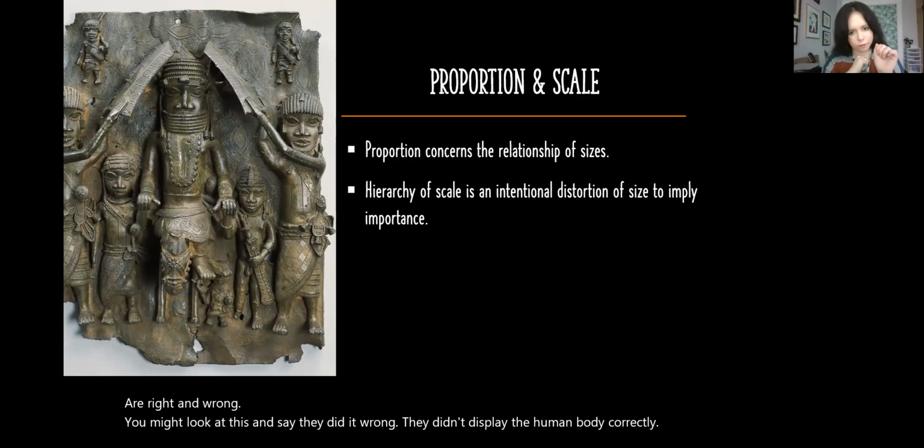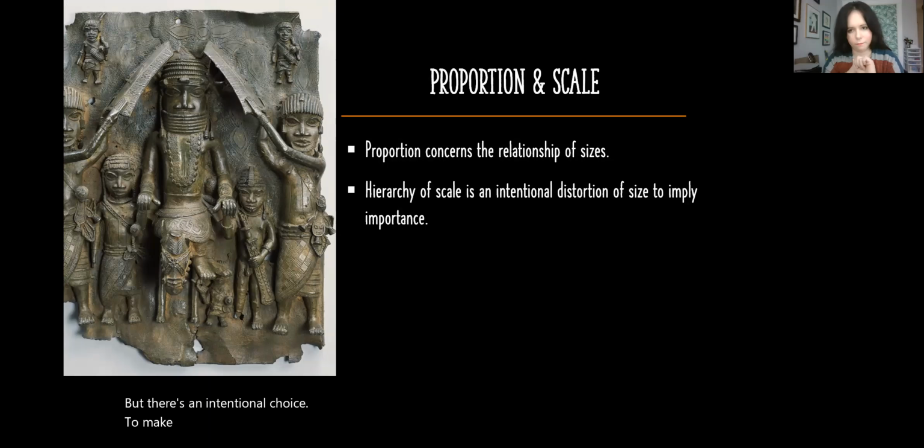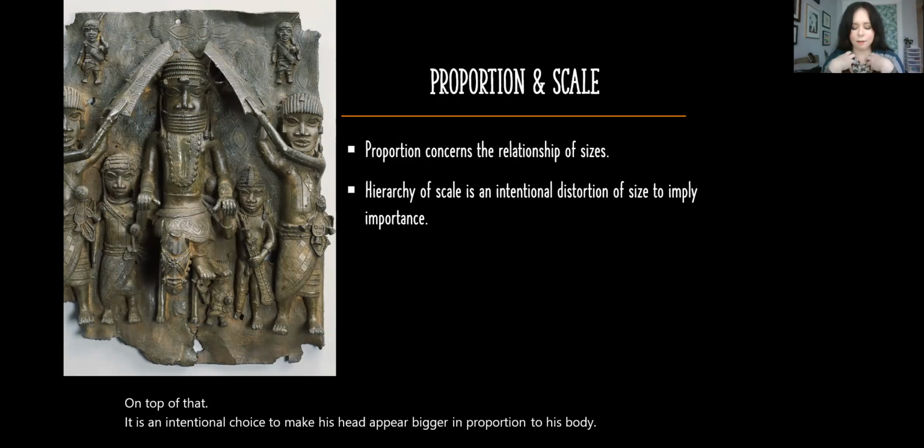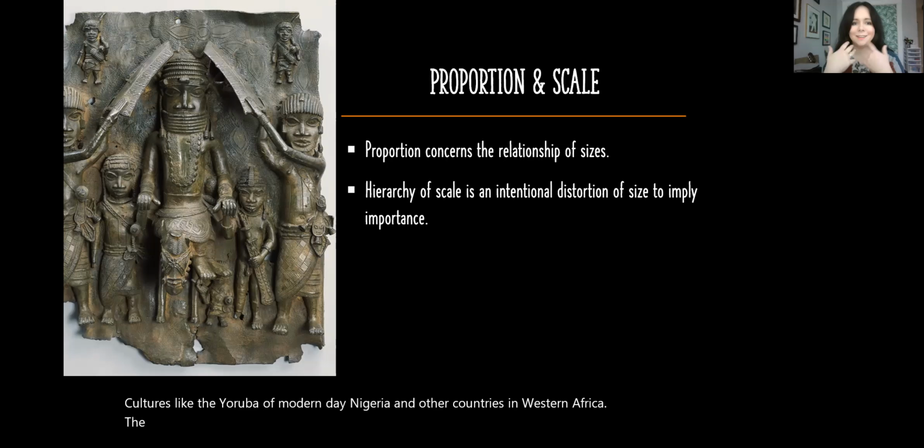Well, there's an intentional choice to make the king look bigger than his attendants, than his horse, than the space around him, to portray his importance, his rulership. On top of that, it is an intentional choice to make his head appear bigger in proportion to his body. Because in cultures like the Yoruba of modern-day Nigeria and other countries in Western Africa, the head, the face, is really the seat of spiritual presence, personality, and in the case of a king, divine lineage.